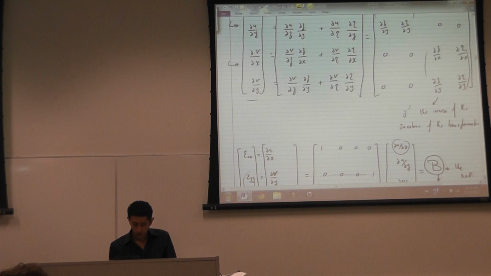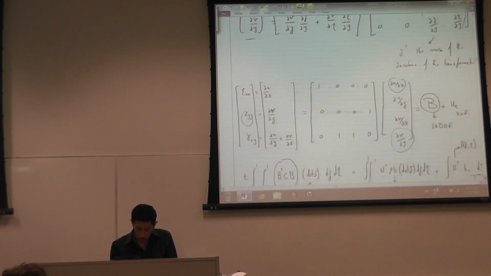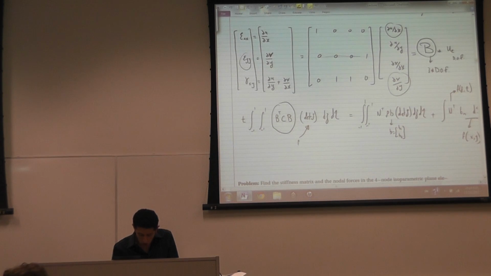You also have inside, so inside here these are functions of partial x by partial xi, partial N by partial xi, and partial N by partial eta. Inside here you have functions of partial of 1 over partial N by partial xi and 1 over partial N by partial eta.